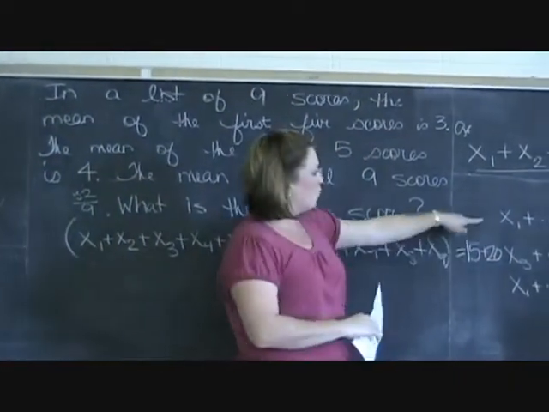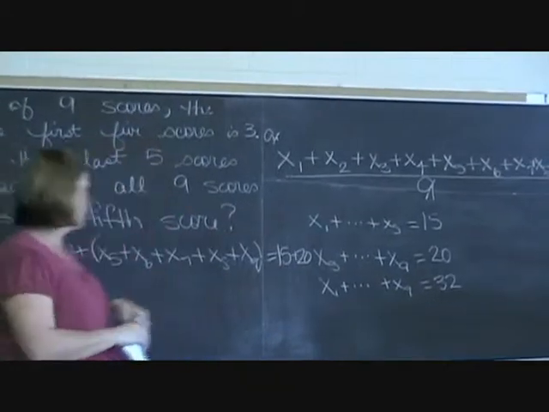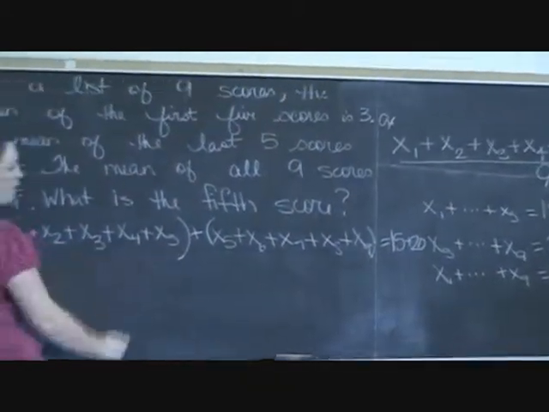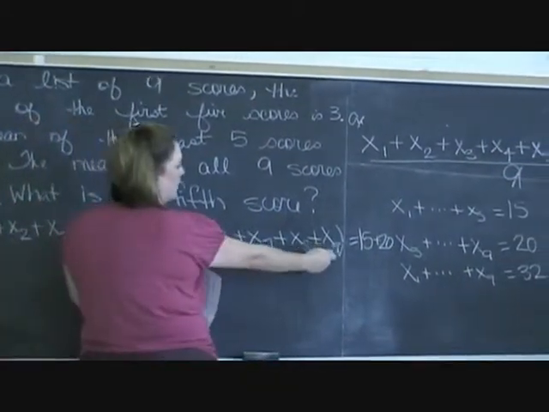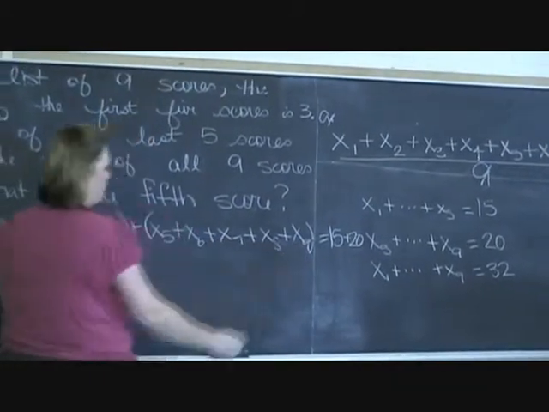Because we said that x1 all the way up through x5 equals 15, so that's this part. And x5 through x9 equals 20, which is that part.